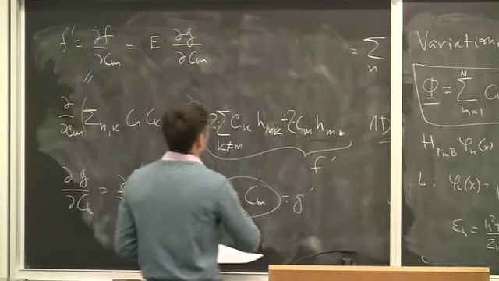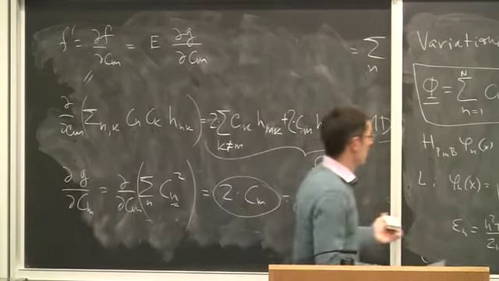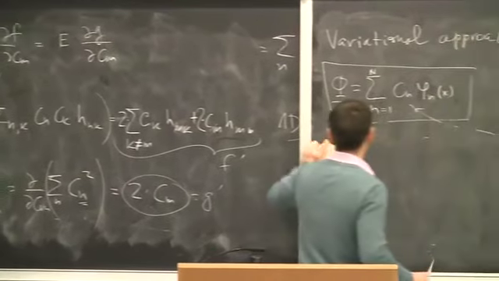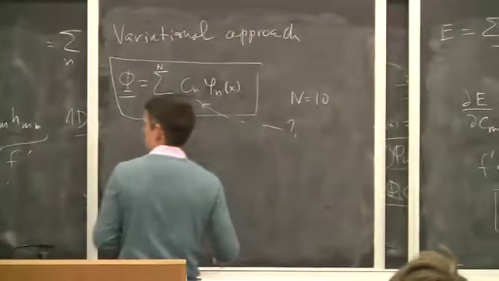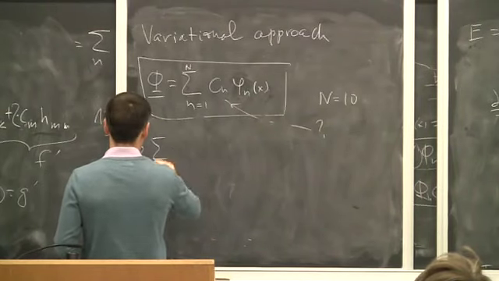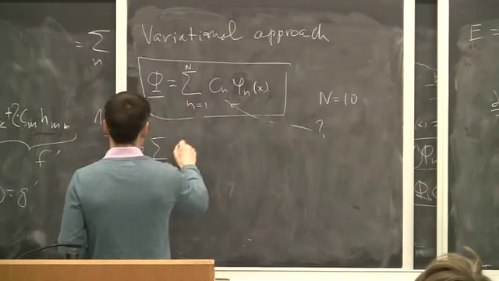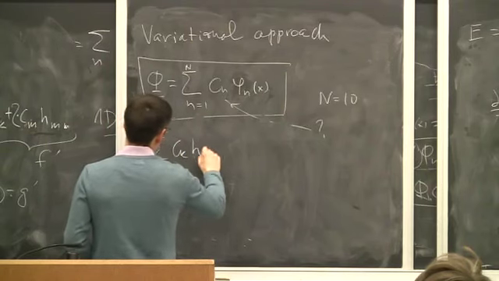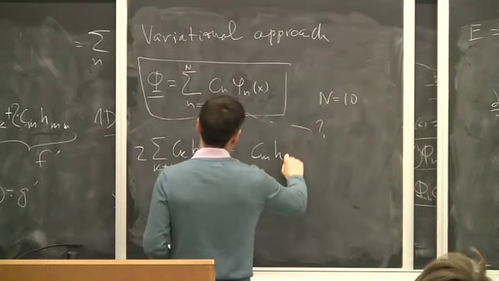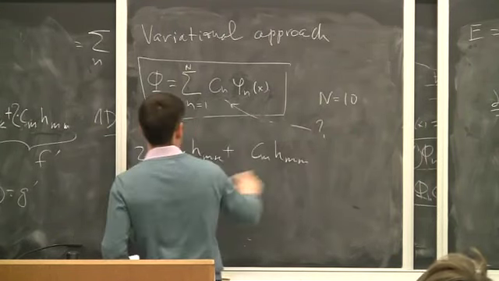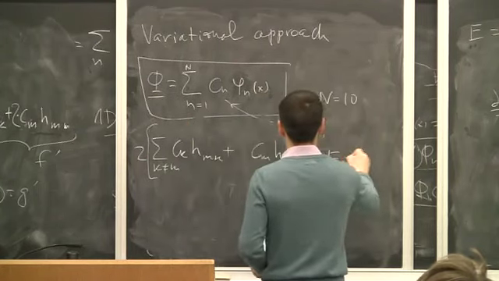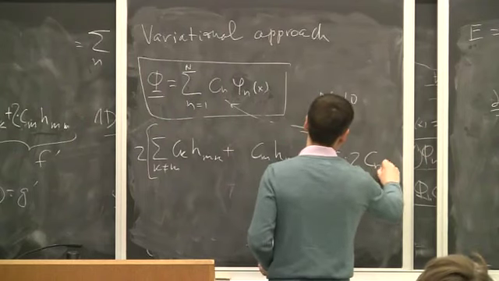All right, and so our equation becomes two sum over k not equal to m, ck hmk plus cm hmm equals energy multiplied by 2 cm.